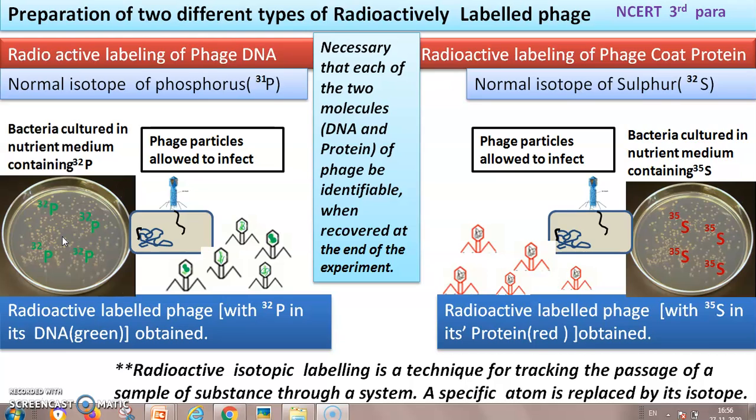Routinely, P32 is used in laboratories to produce radiolabeled DNA because it is very readily ingested and incorporated into the nucleic acid. So the bacterial cells consuming the nutrient medium containing P32 got P32 in their phosphate backbone.